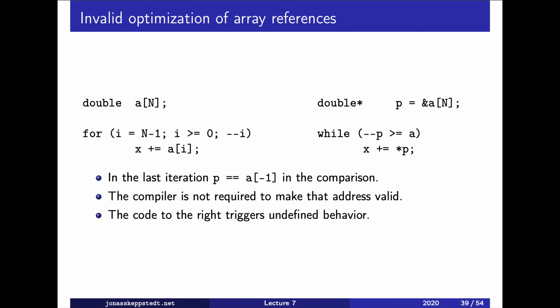Okay, so let's look at this example instead. What can happen here? Well, what we do is to go down, and is this valid? So what we do here is to iterate until P has come to an address which is before this array.